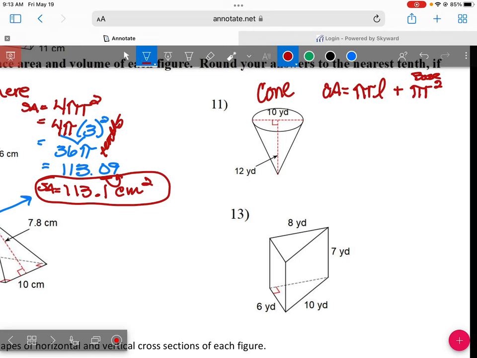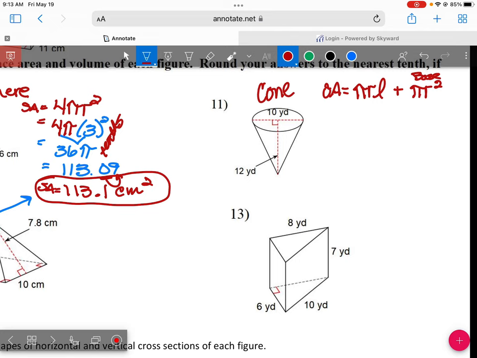A circle. So whenever you use pi, you are only using pi with circles, with cylinders that have a circle in it, or with a sphere.